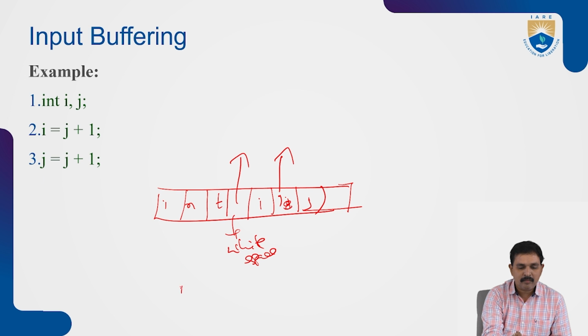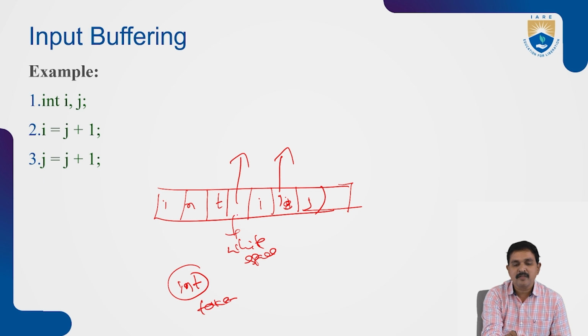Now you group int as one token. How does it recognize the token? Because after that a separator came, and the separator is here white space. After I, a comma occurs, so you recognize I as another token.